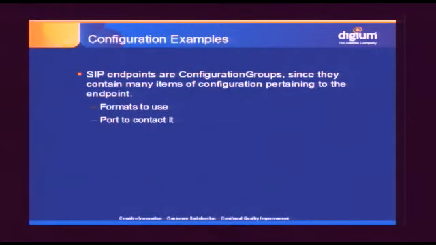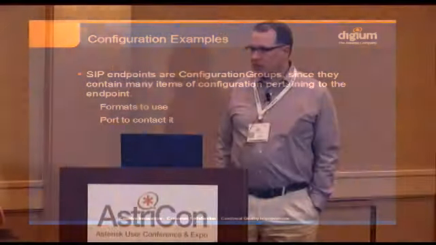Alex, you were asking about what kinds of things were configurable, and SIP endpoints are configuration groups, and so things like the formats to use in communicating with a certain endpoint or a port to contact it, all that can be set via configuration in the SIP session gateway.